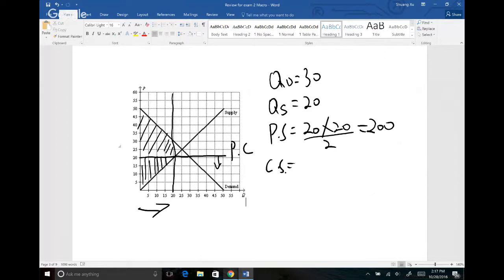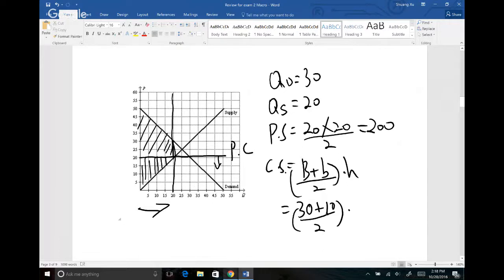For this one, I'm going to use the longer base plus the shorter base divided by 2 times height. The longer base is from 20 to 50, that's a 30. The shorter base is from 20 to 30, so this is the short base over here. That's a 10, divided by 2, and times the height, which is the horizontal distance, 20.